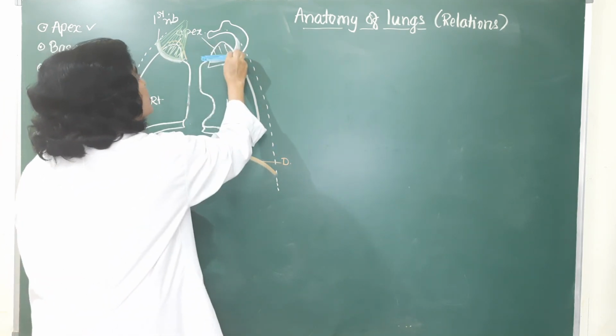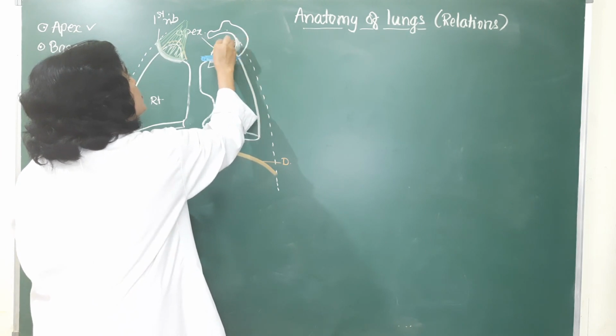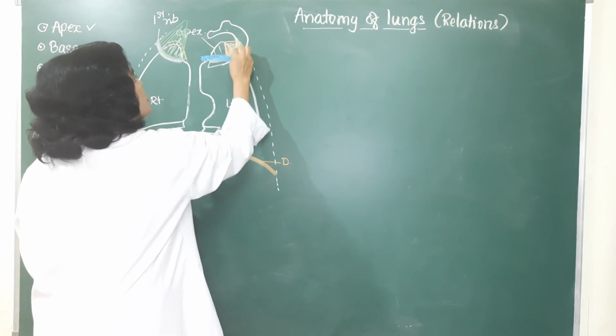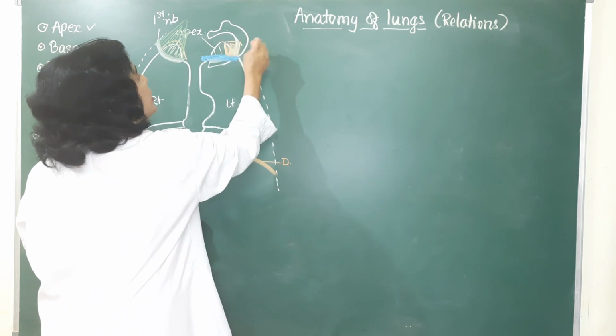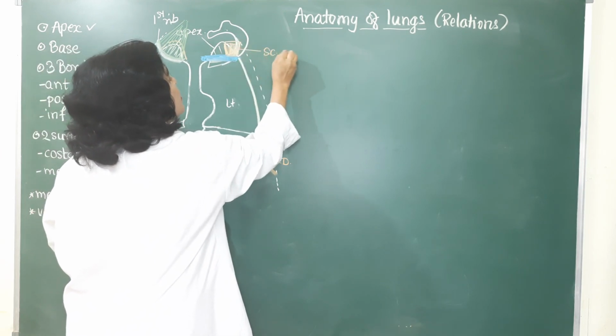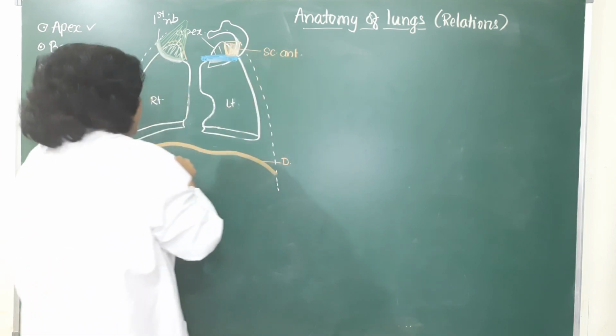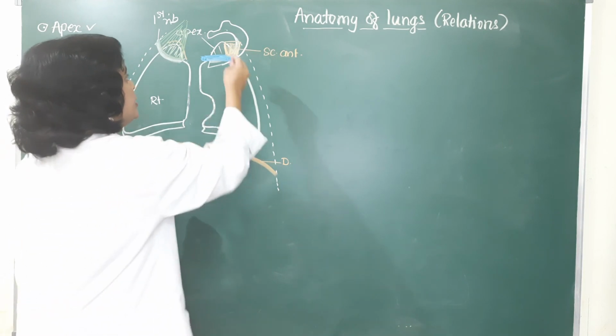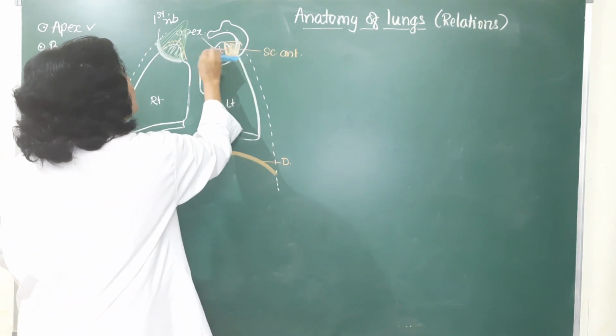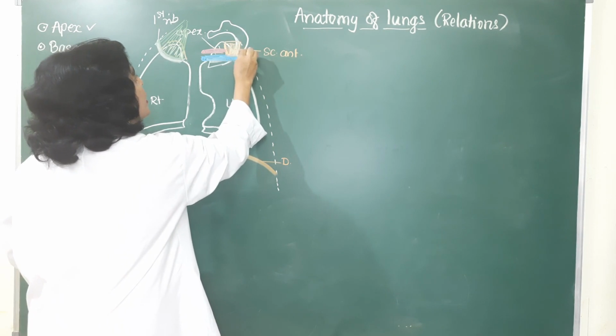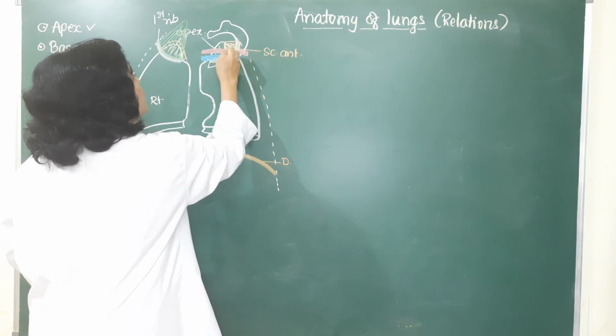Just behind that, you get the scalene tubercle which gives attachment to the muscle. This muscle is the scalenus anterior muscle. Behind the scalene tubercle you get the groove which lodges the subclavian artery. So the subclavian artery will be here.